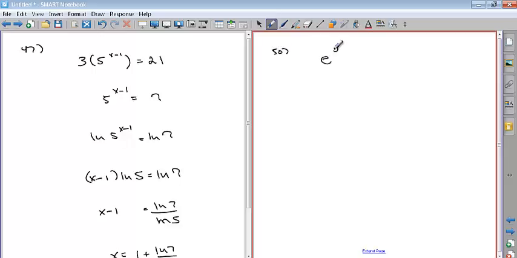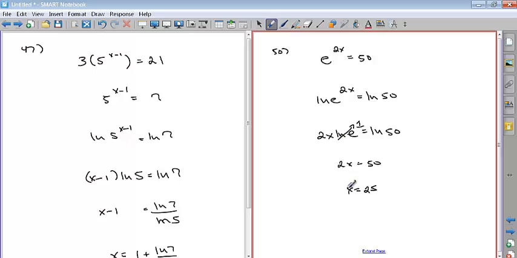e to the 2x equals 50. Take the natural log of both sides and take the exponent out. The natural log of e is 1, so you get 2x is equal to 50. x is equal to 25.